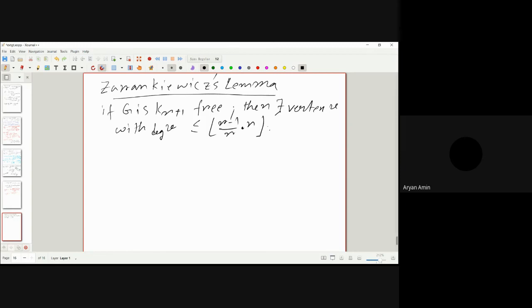Okay, so this is what the Zarankiewicz lemma tells you: if you have an (r+1)-clique-free graph, then you will have a vertex whose degree is not too large. Not necessarily max degree, but not too large degree for all vertices. This is one way I think about it.